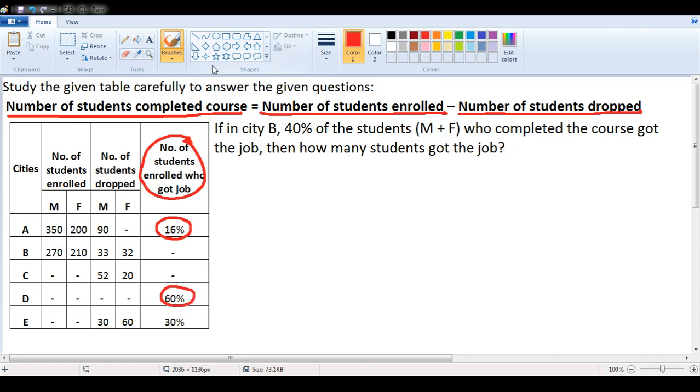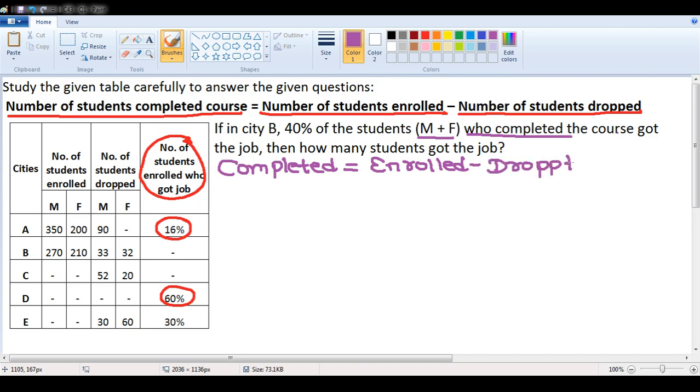Now see here, first question, let us solve it. If in city B 40 percentage of students, both male and female, who completed the course got the job, then how many students got the job? First of all, who completed the course is what they are giving. The definition of completed is enrolled minus dropped, right?